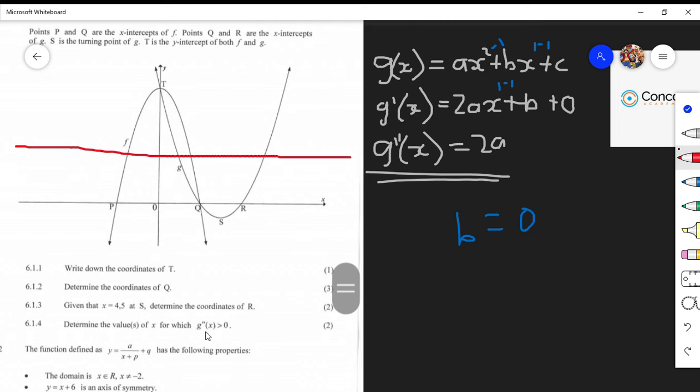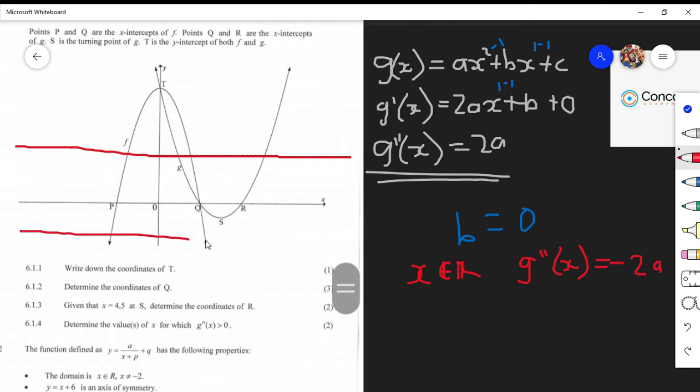And now they're asking, for which value of x is the second derivative of g greater than 0, right? So our answer to this would then be x an element of real numbers, because for all the x values this graph is greater than 0. If our answer was g second derivative of x is equal to negative 2a, then our graph would look like this.